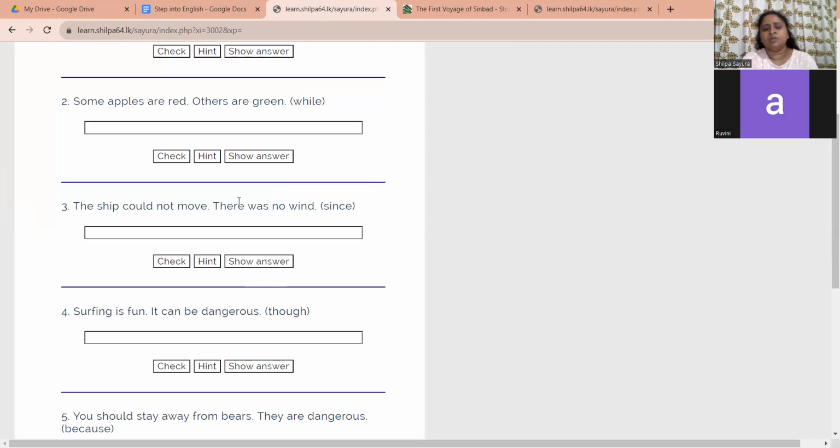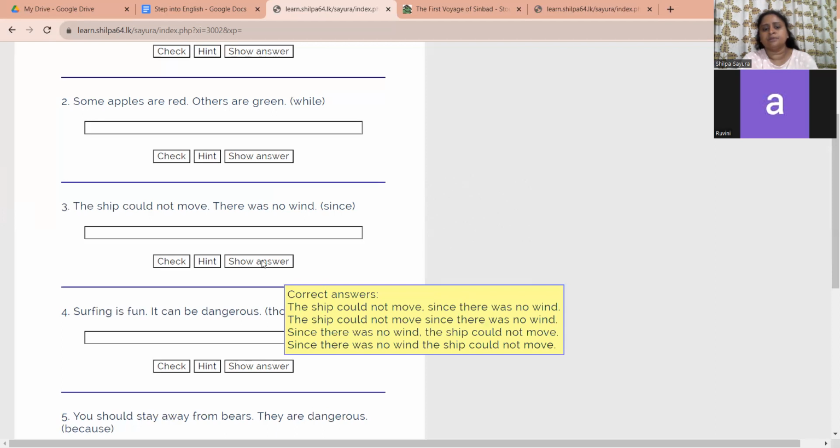Right? So there you see, before the subordinate clause, there was no wind, since is put. The ship could not move since there was no wind. Since there was no wind, the ship could not move. The only difference, as I told you, is that you can either put the comma before the subordinate clause or leave it out.